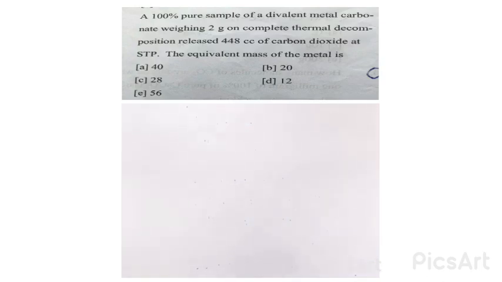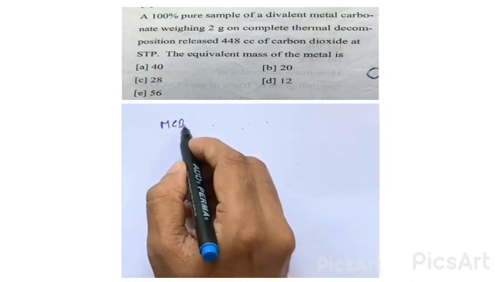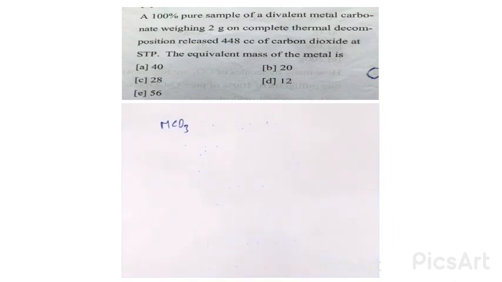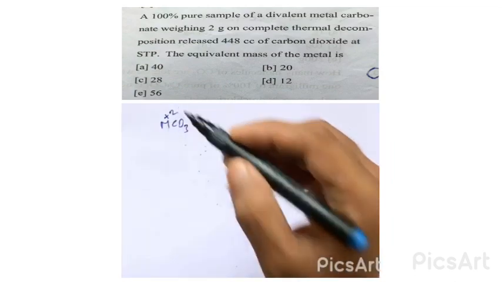In this question, a 100 percentage pure sample of divalent metal carbonate weighing 2 gram. So the metal carbonate has the general formula MCO3 because the valency of the metal is 2.